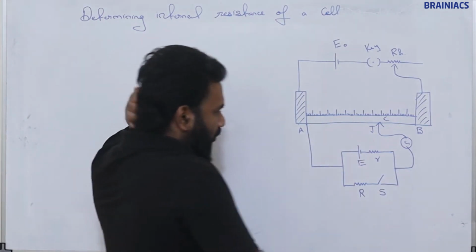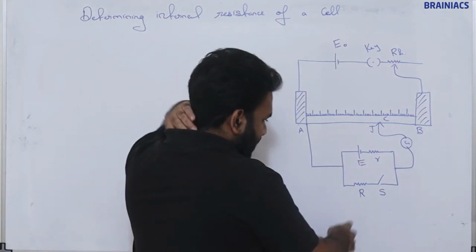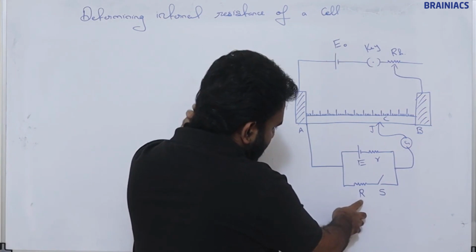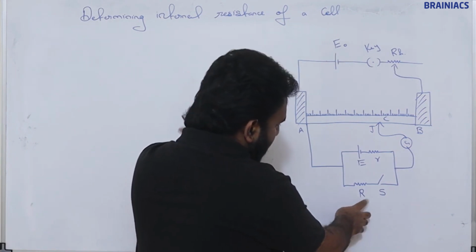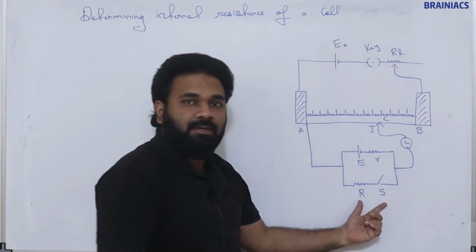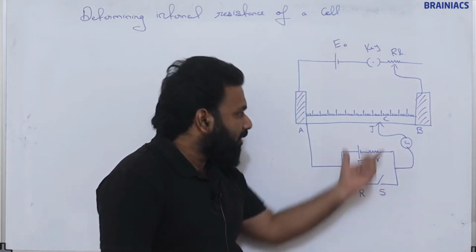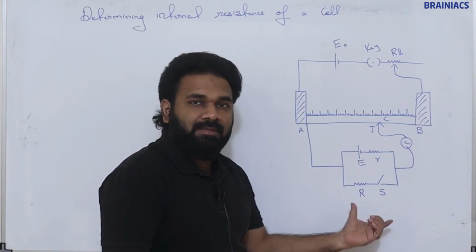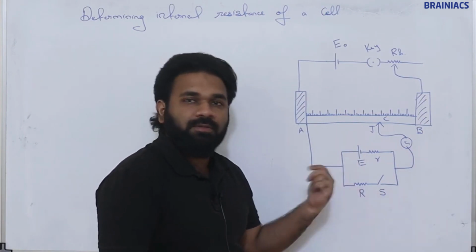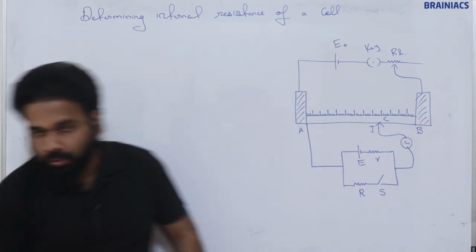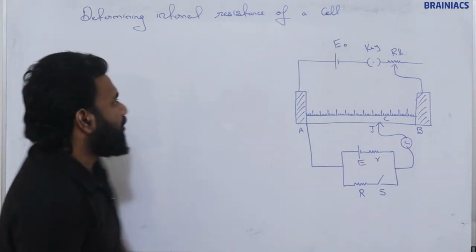Now in order to find internal resistance, the extra thing we do is connect a resistance R, that external resistance or shunt resistance, here, and for that also we will be able to find the balancing length. Then we will do some calculation and we will get it. So how to do this, step by step, we will see.